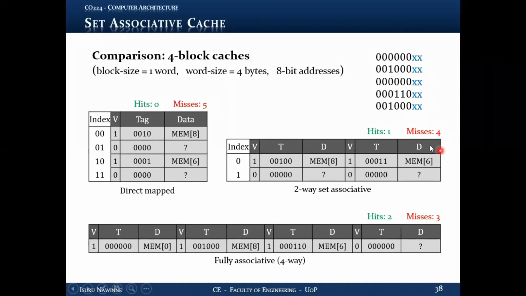Then 2-way set associative cache, we only had 1 conflict miss and 3 cold misses and 1 hit. Fully associative cache, there were no conflict misses so far, only 3 cold misses for the 3 addresses that were accessed the first time, right? As you can see, with higher associativity, you get a higher number of hits.